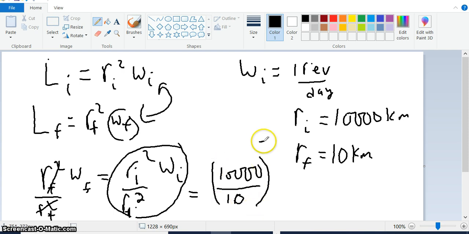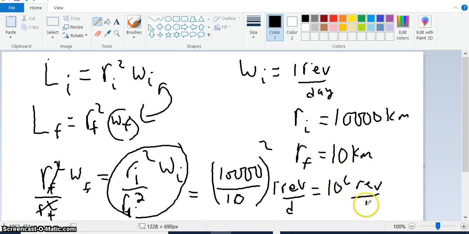Remember, we've got to square that, and then we multiply by 1 revolution per day. This thing's going to speed up enormously. Let's see, what do I get? I get 1,000,000, so 10 to the 6th revolutions per day. But we'll try to make a little bit more sense of that.